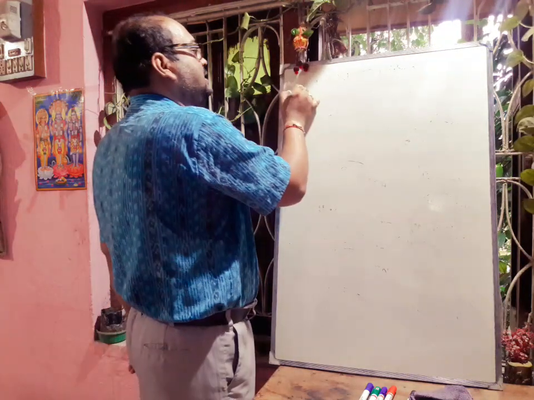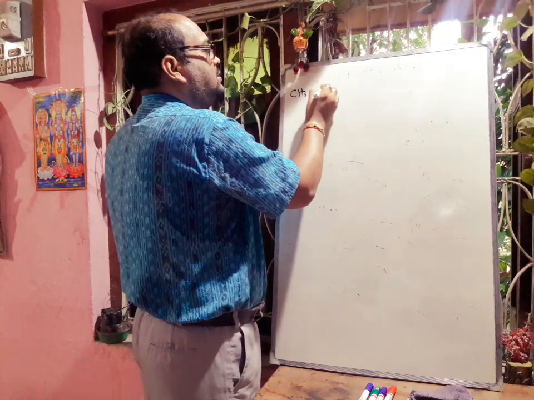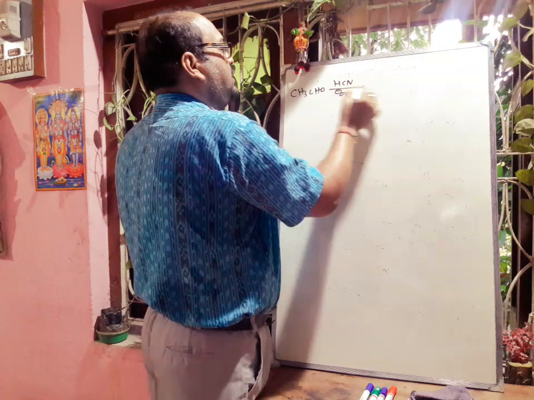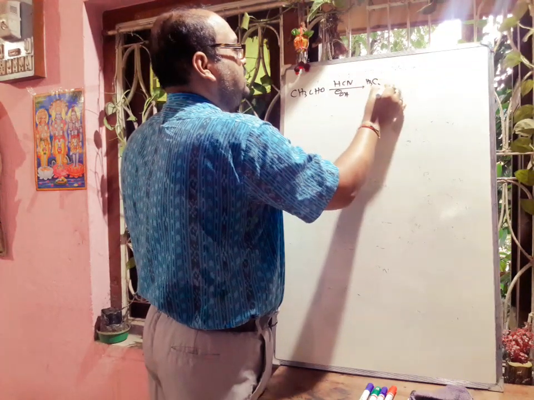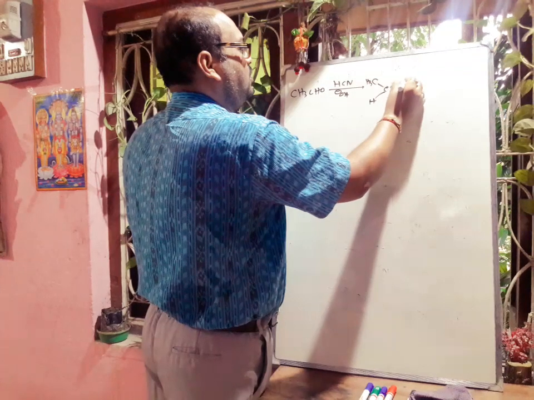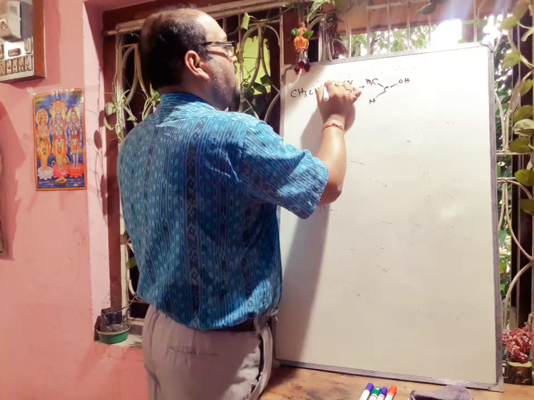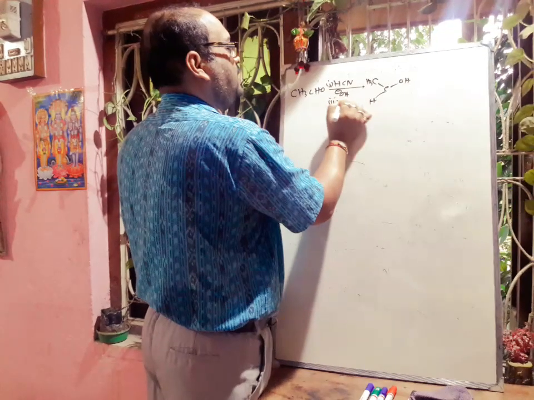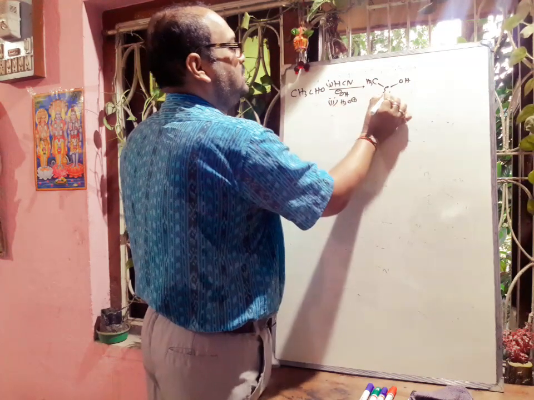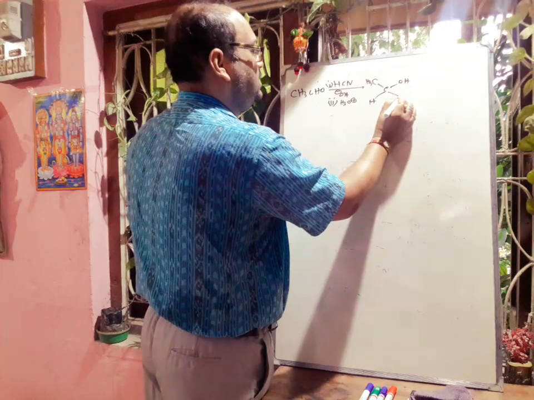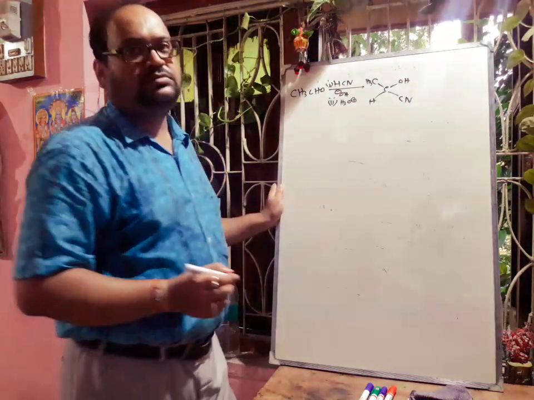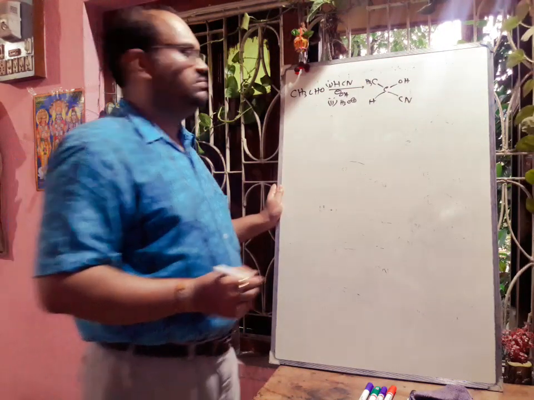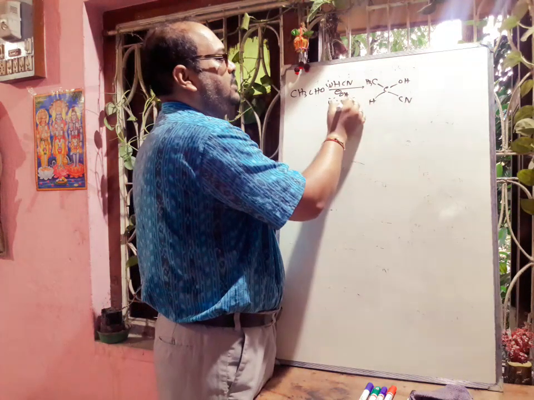Suppose we take acetaldehyde and give HCN and OH minus, then there will be formation of CH3CH(OH)CN in the first step. In the second step we are giving H3O plus, or we are giving H2 in the second step.